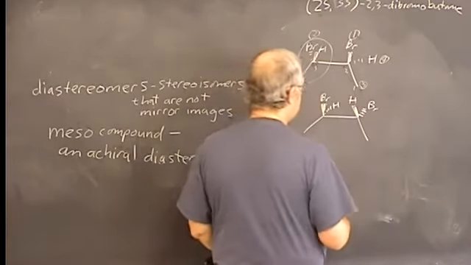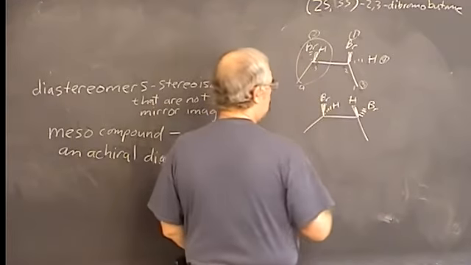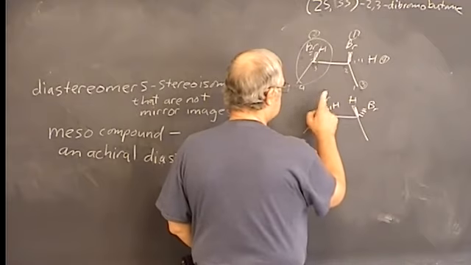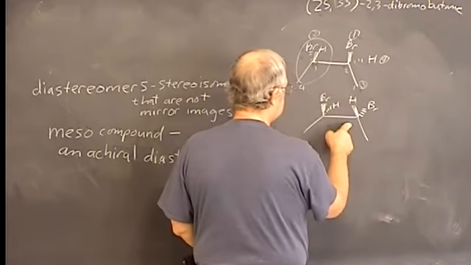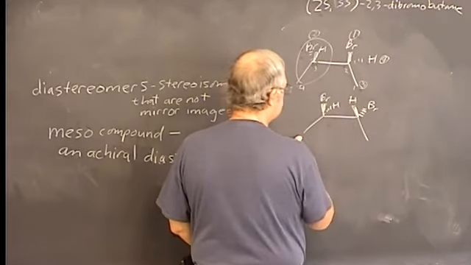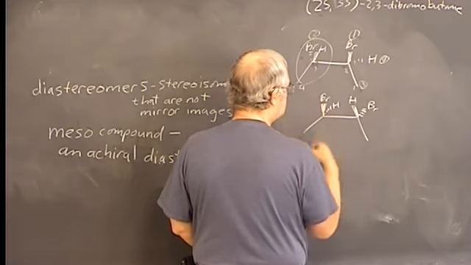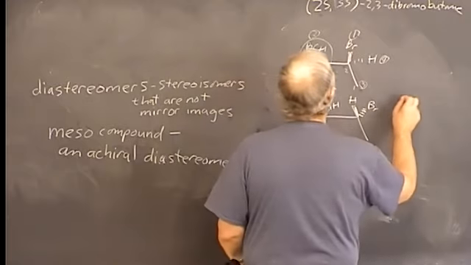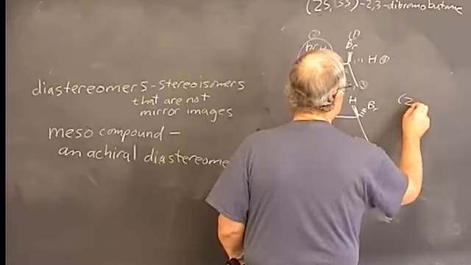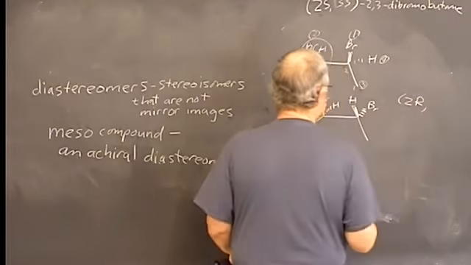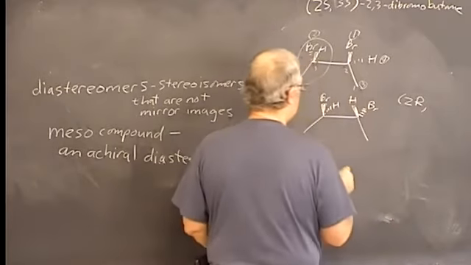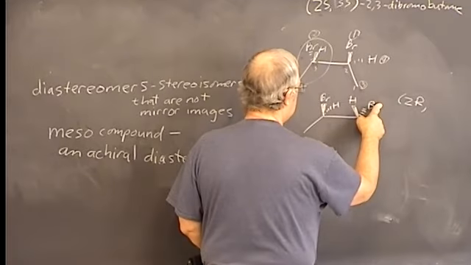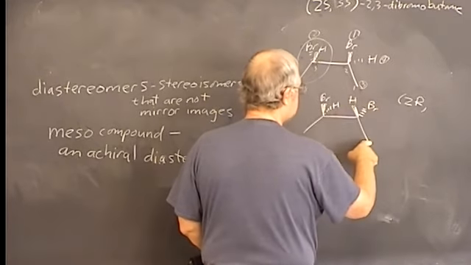Okay, if we work this one out, this is the mirror image. Bromine is 1, bromoethyl is 2, methyl is 3, hydrogen is 4, it's back. Okay, and so this would be 2R. And I could do the same thing here. Bromine is 1, bromoethyl is 2, methyl is 3.